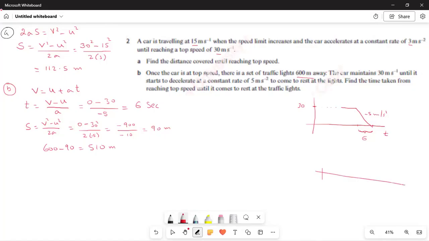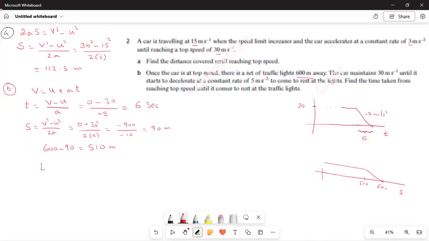On the distance scale, for the first 510 meters it was going with constant speed. Sorry, the last 90 meters, its speed reduces to zero. So for 510 meters, it was going with the constant speed.